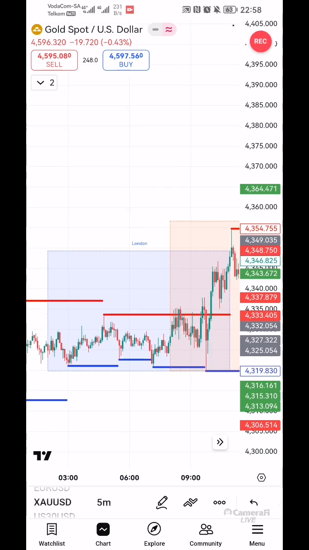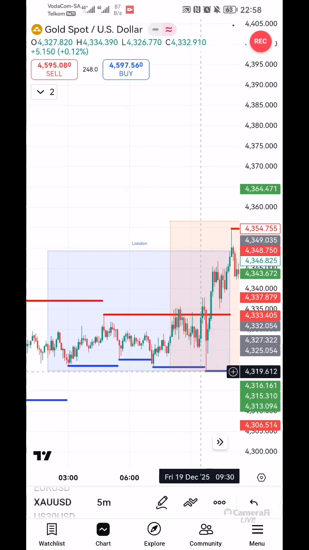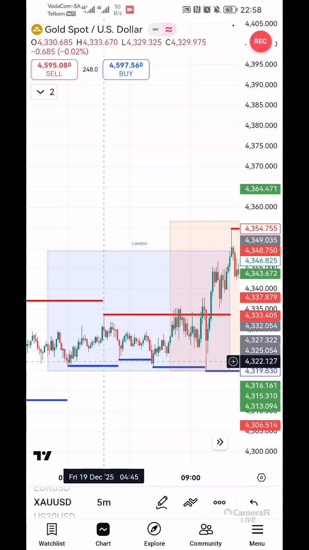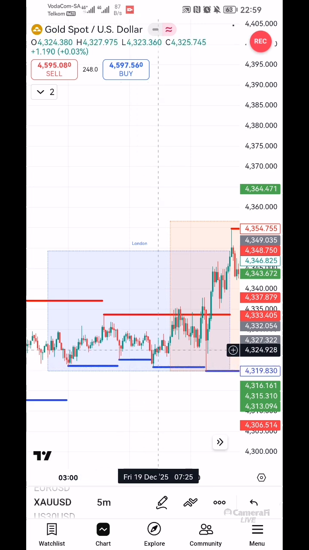For example, if I was looking for sales, I would wait for the market to break below this support, not this one. As you can see, we did have a small clear close there, but that was not going to be the entry since we still have another support there.